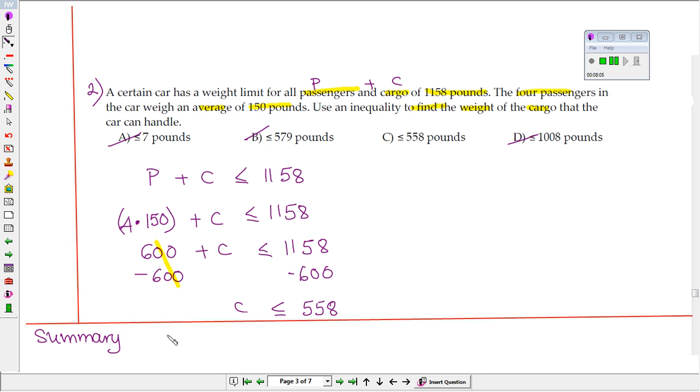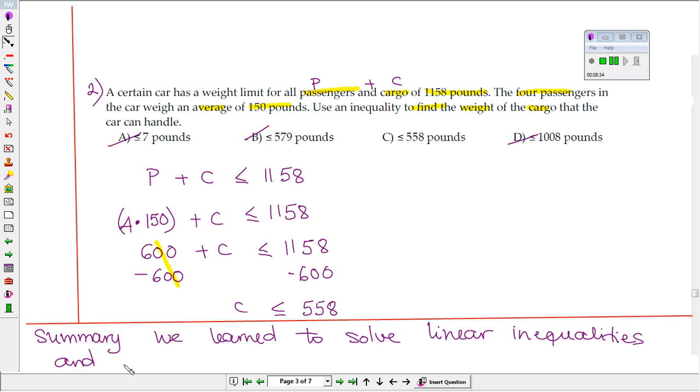In this video, we learned to solve linear inequalities and their application.